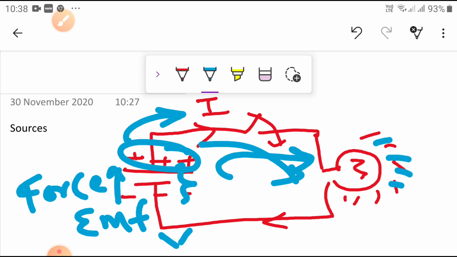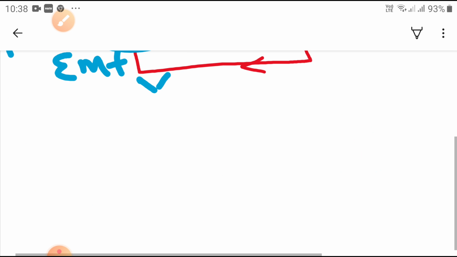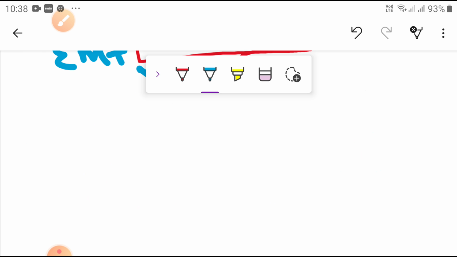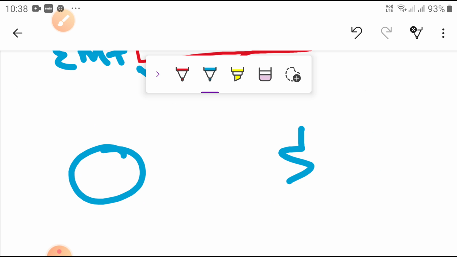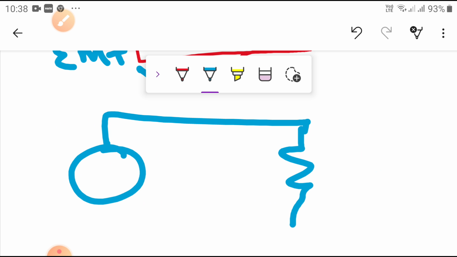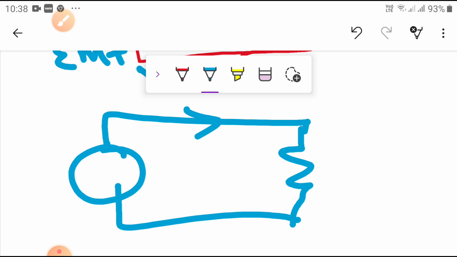Here is the source, here is the load. It is connected here. This is the electromotive force, then the current will flow.